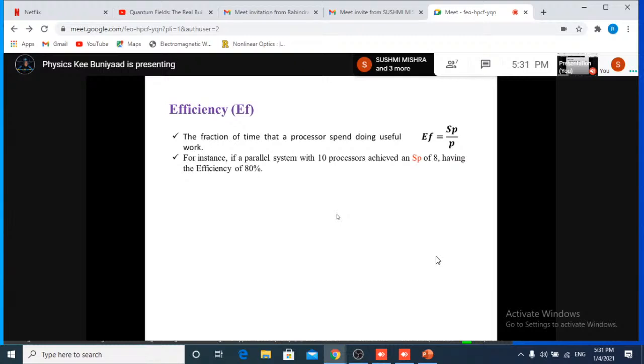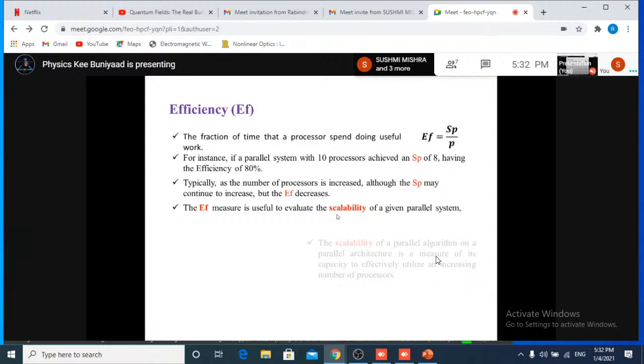Now the efficiency will help us to determine the scalability of a parallel algorithm. So what is meant by scalability?